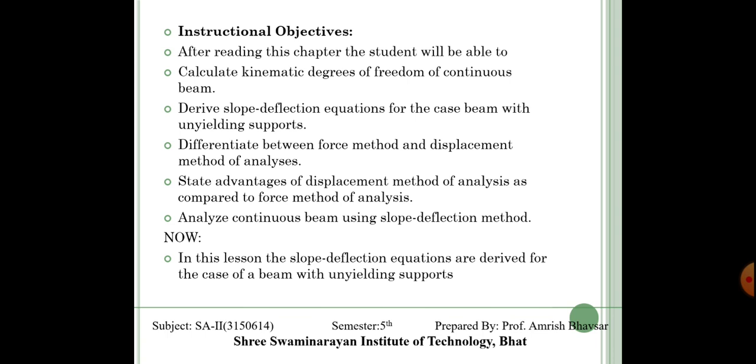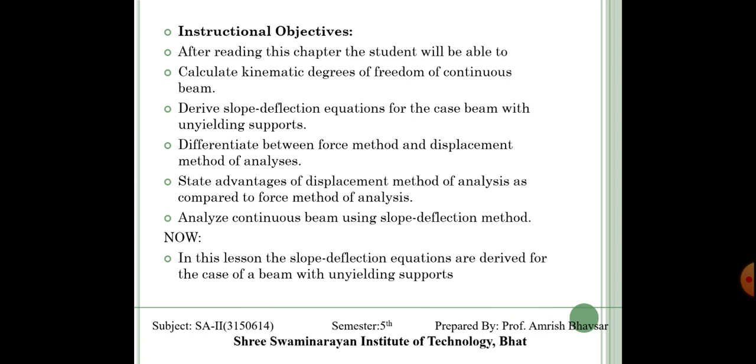After reading this chapter, all the students will be able to calculate the kinematic degree of freedom of a continuous beam, as we had studied, and derive slope deflection equations for a beam with unyielding supports.